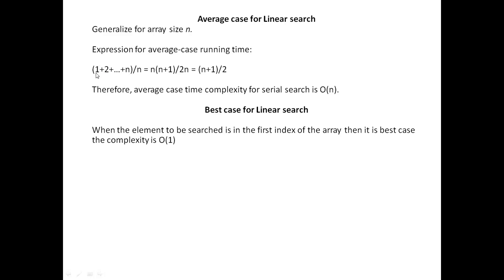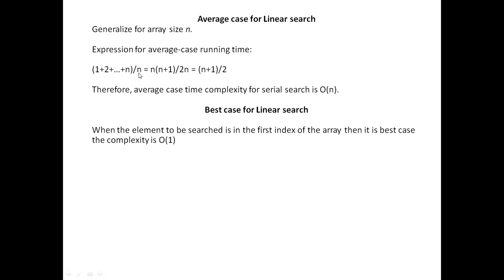That means the average of all these searches is nothing but 1 plus 2 plus 3 plus 4 plus up to n divided by the total number given, n. What is the formula for this 1 plus 2 plus 3 up to n? It is n into n plus 1 divided by 2.